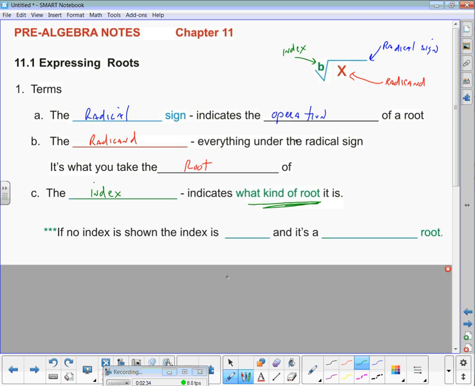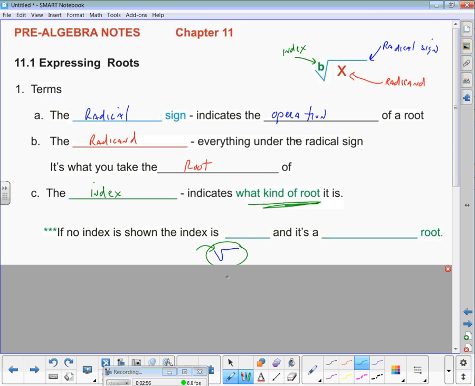Don't forget this. If no index is shown, in other words, you just have the symbol here, let me draw it for you, you've got no index. There's nothing indicated in this crevice. Then what is the value of the index? Well, we all know when we look at this, we say this is a symbol for a square root.